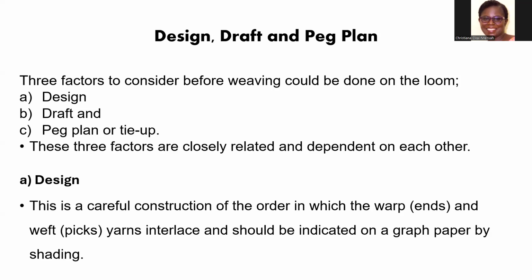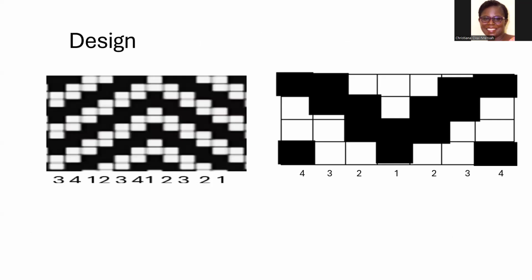So when you use the numbers to create your design, you shade them to bring out the design. So this is a design which you have in your graph. You have created your own designs. So these are the designs. After creating the design, you shade.